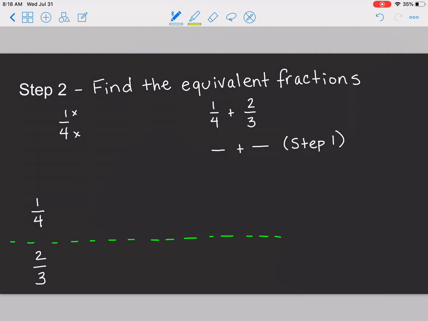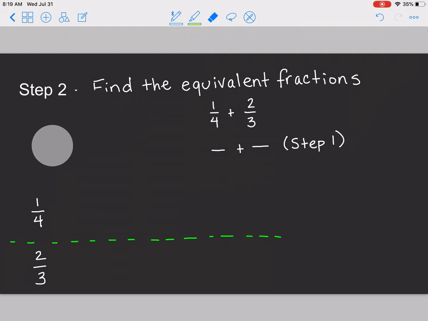So if I multiply by 2, I have to multiply both the numerator and the denominator by 2. 1 times 2 is 2. 4 times 2 is 8. So my equivalent fraction for 1/4 when I multiply by 2 is 2/8. Those are equivalent fractions, or fractions that have equal worth.